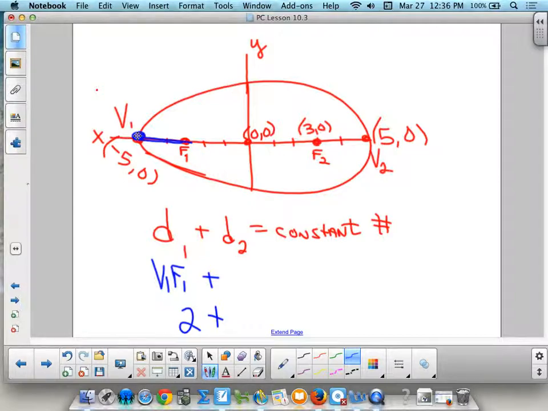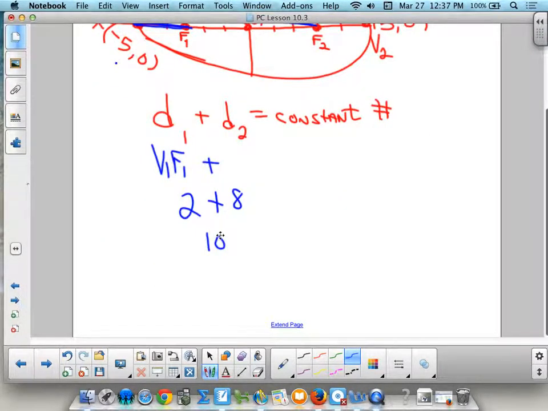It's this distance right here plus the other distance to the other foci. How far is it from here to here? 8. Because it's 5 plus 3, it's 8. So your answer is 10. With numbers, it's pretty easy.